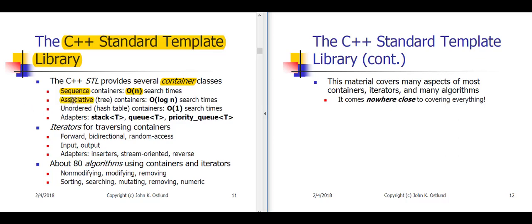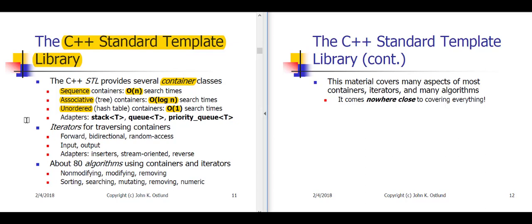Also associative containers, such as sets and maps, which, as we've seen, have order log n search times. And unordered or hash table containers offering order 1 search times.